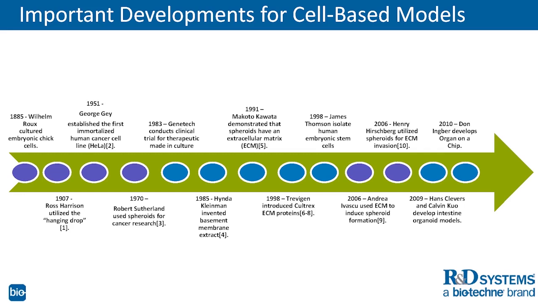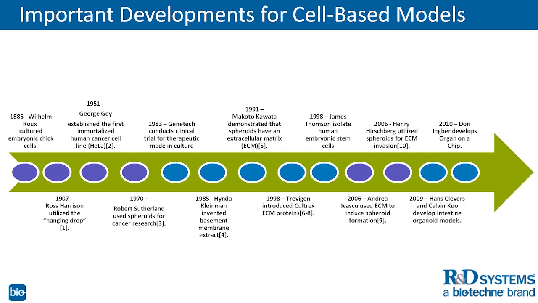And it is also relevant to our model because we use a lot of these tissue extracts here. Then in 1991, Makoto Kawada demonstrated that spheroids have an extracellular matrix and that the extracellular matrix is necessary for spheroid formation.